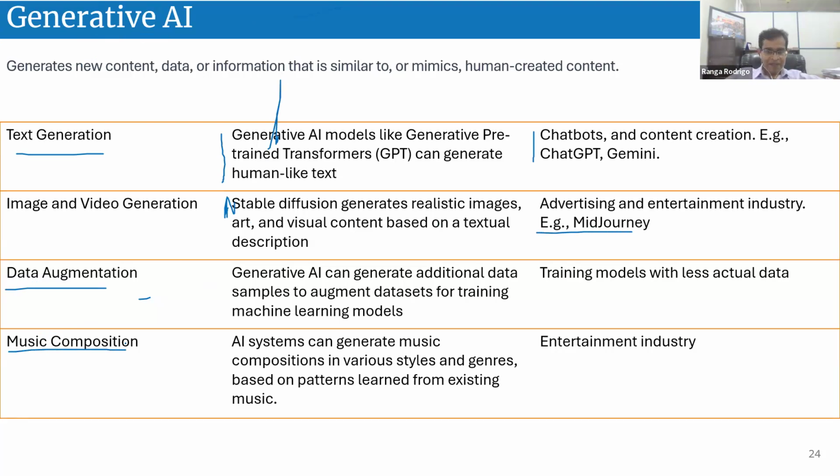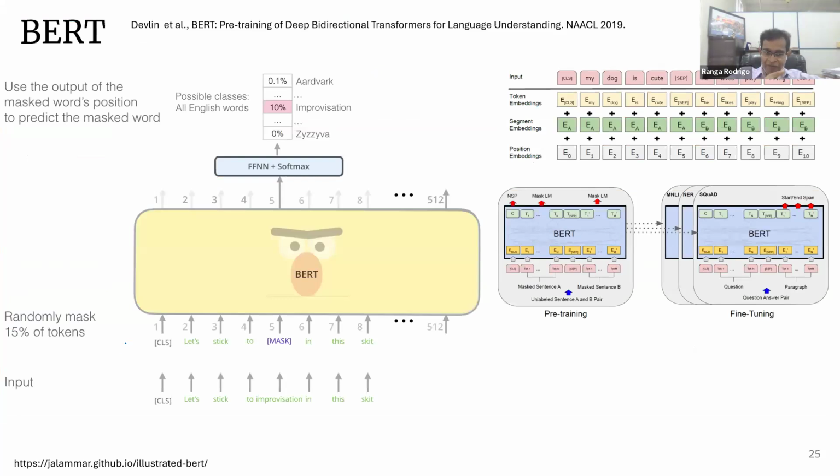Okay. All right. Now I will talk about BERT. This paper is by Google, but the Vaswani paper, the original transformer paper, was also by Google. This BERT is the one that drove Google search for some time. I do not know now.